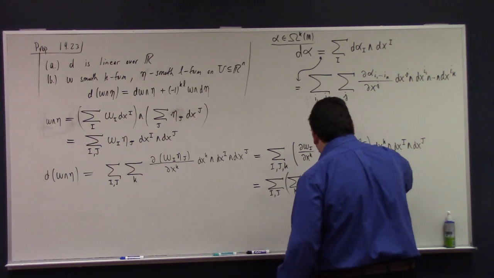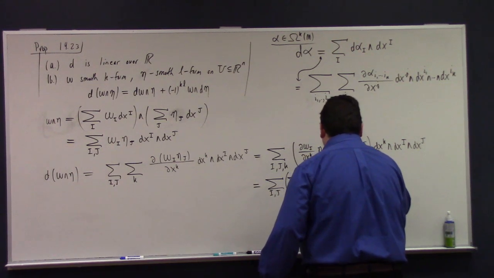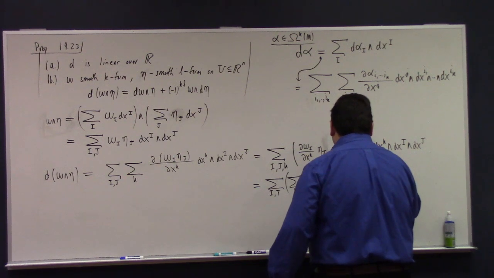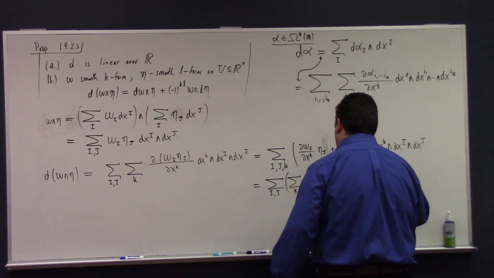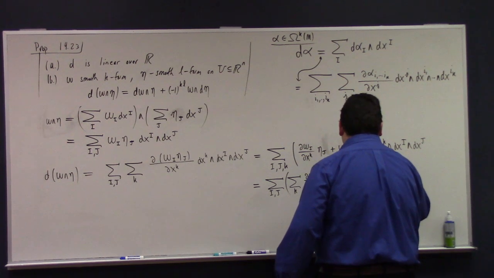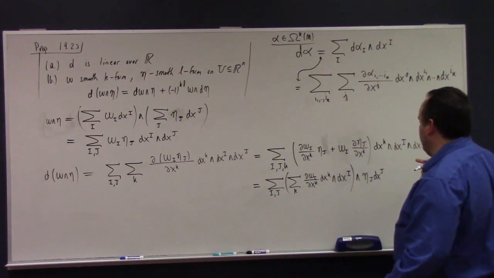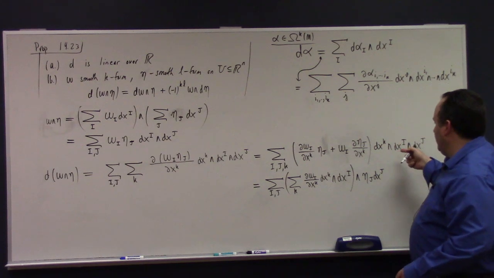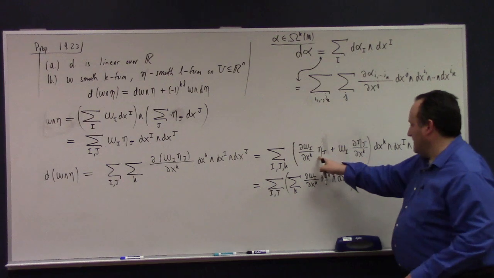my bad, there was a wedge dxi, in parentheses, wedged with eta j, dxj. So what I did, guys, is I just pulled this differential past the eta.